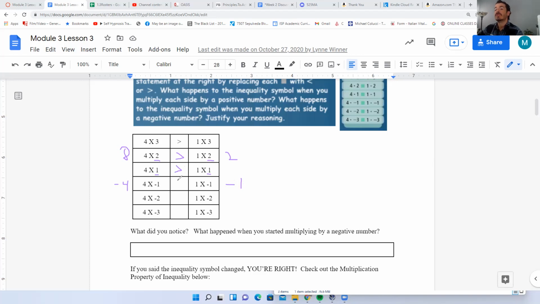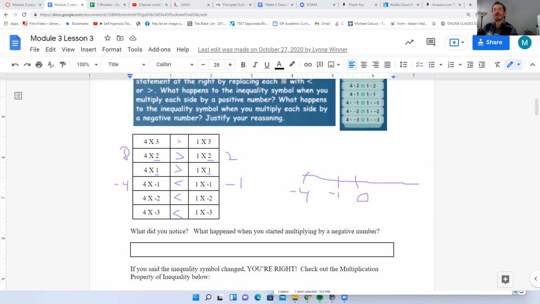And -1 is to the right of -4 on the number line. Here's my number line. Here's -1. Here's -4. -1 is greater than -4.